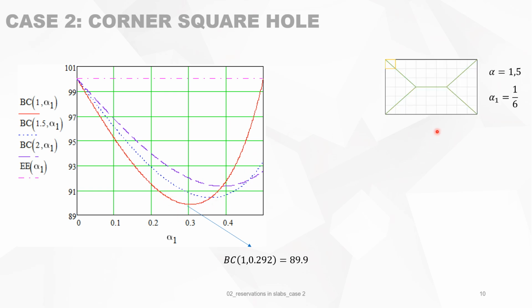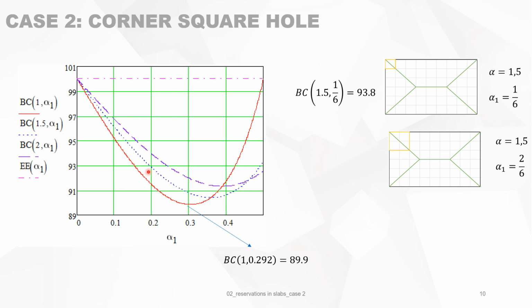Now with alpha equal to 1.5, this is 1.5, this dimension, which is the blue dotted line, and alpha 1 is 1/6. So 1/6 is somewhere here on the blue dotted line, and you will arrive at 93.8.